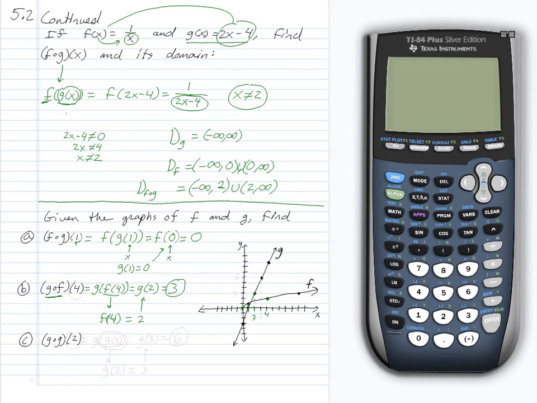Now here's a little bit of a weird one, g of g of 2. Well, what's that asking? It's asking for us to plug g of 2 into g again. In other words, we're going to plug 2 into g, figure out what that is, and plug that into g again. So g of 2, let's take that off to the side.